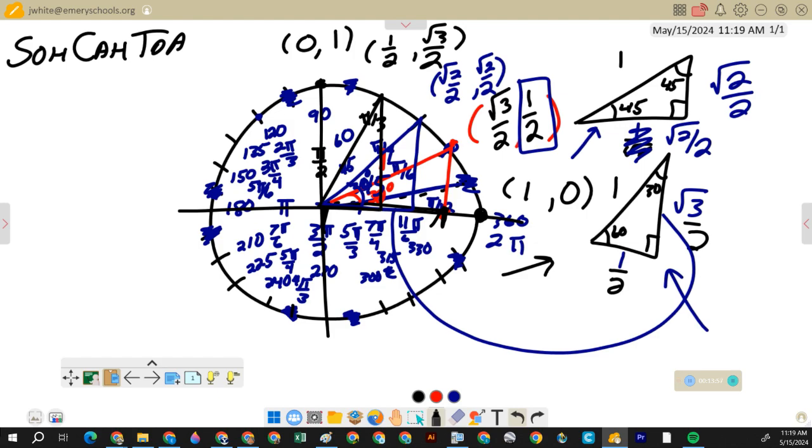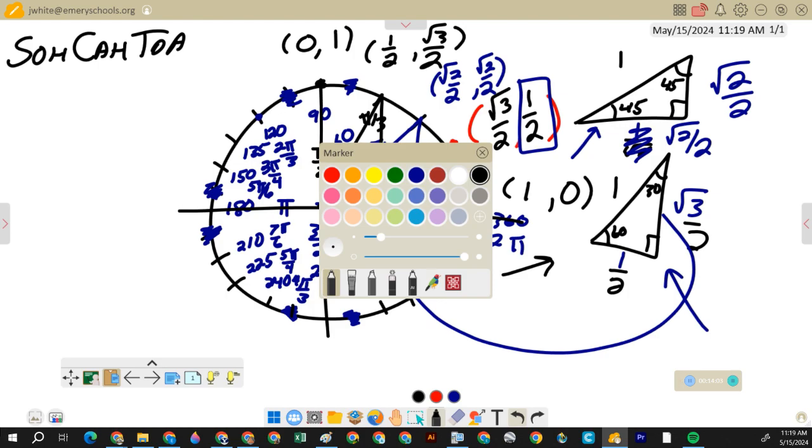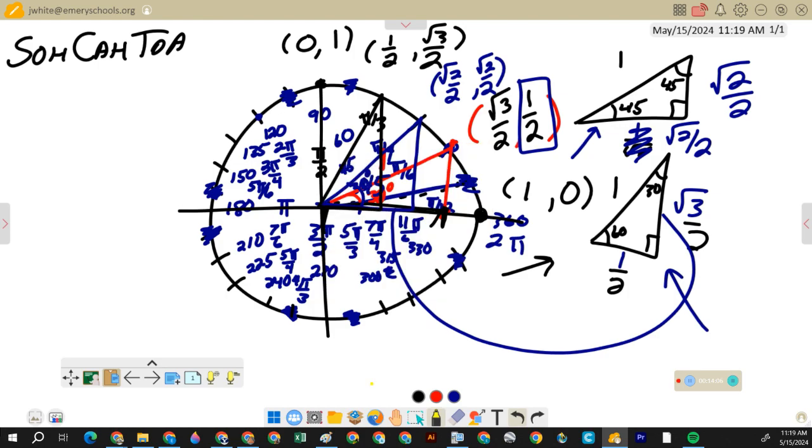All right. Watch what happens when I try to do 120 degrees. So let's switch colors. I want a 120-degree angle. So I'm going to rotate to here, and I'm going to draw this side. Can I create a right triangle where one of the angles is 120?